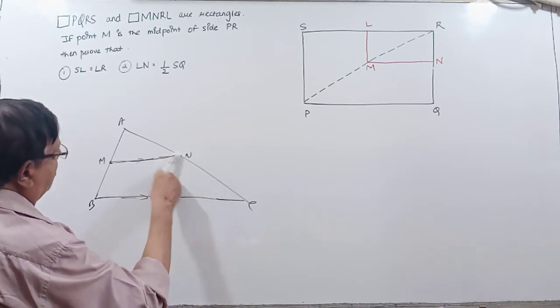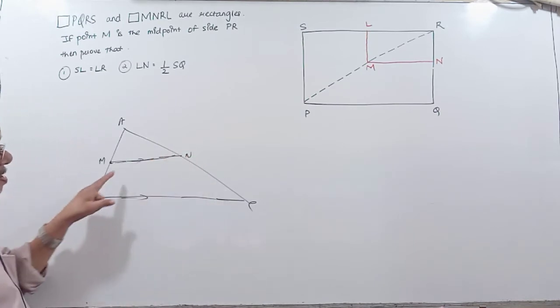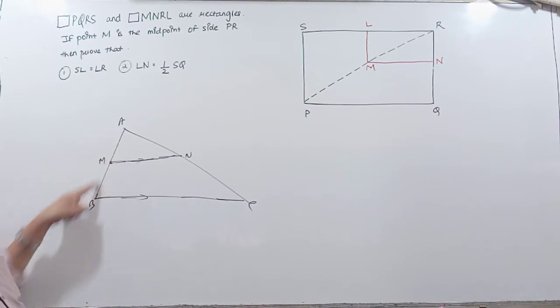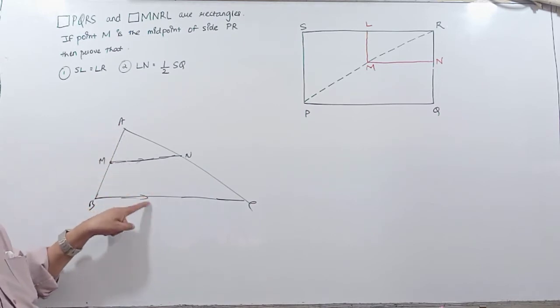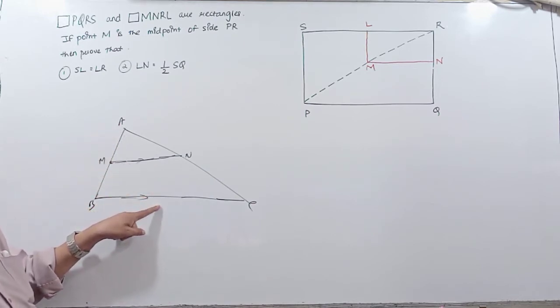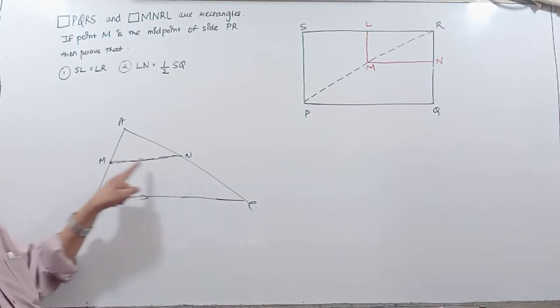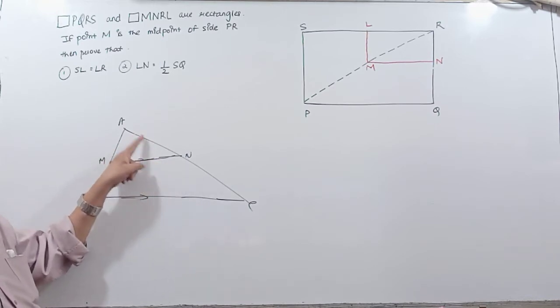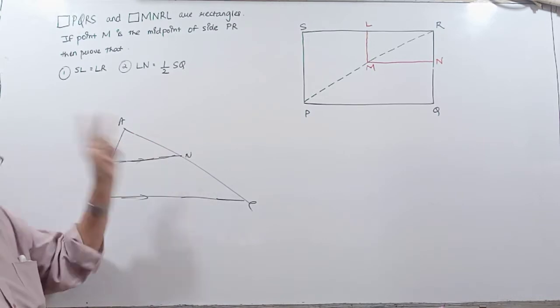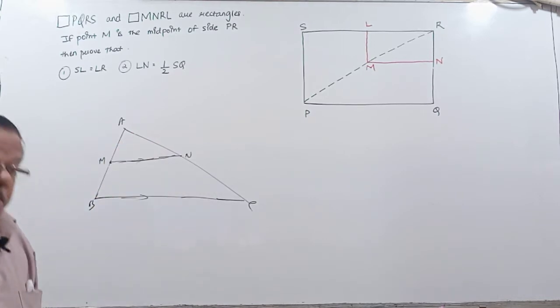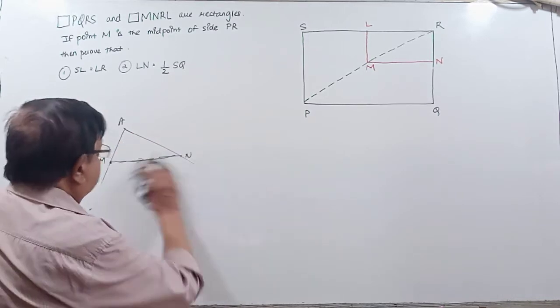N is the midpoint of AC. A line drawn from the midpoint of one side parallel to the second side meets the midpoint of the third side, or this line will bisect the third side. This is the converse of the midpoint theorem.